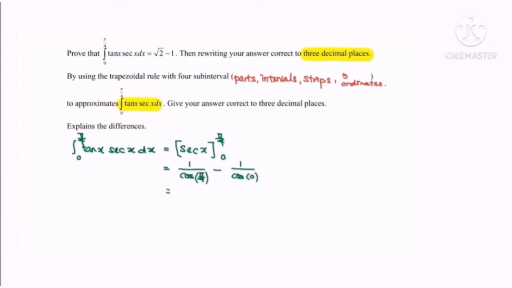So from here, 1 over cos pi over 4 gives square root of 2, minus, if we substitute 0 into cos x, we will have 1. So the integral of tangent x secant x with respect to x for the limit 0 until pi over 4 gives square root of 2 minus 1. So we have already shown it.